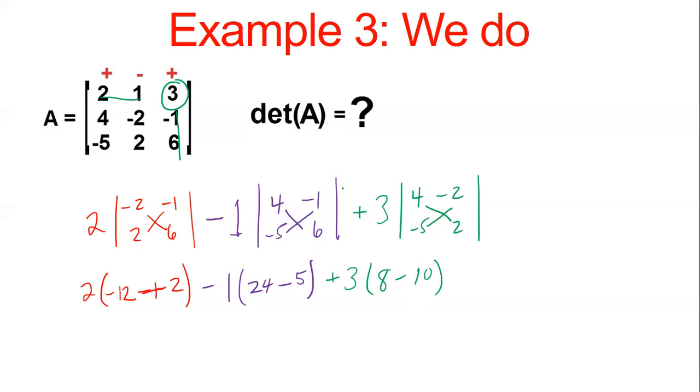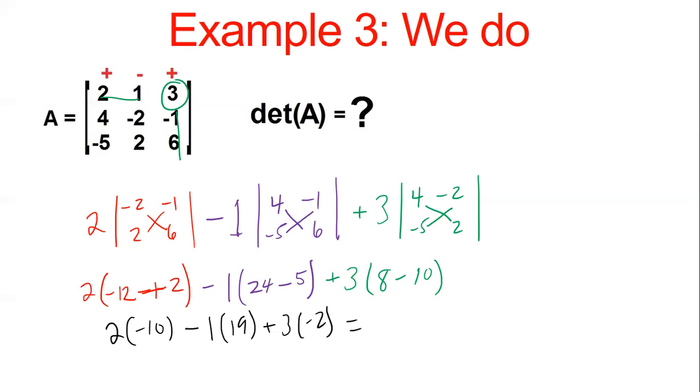So to simplify, you just start doing your PEMDAS, which means we do parentheses first, then we multiply, then we add or subtract, right? Because it was minus -2, and we said a negative times a negative is a positive. All right, so PEMDAS tells me to do my parentheses first. So I have -12 and 2 makes -10. I have 24 minus 5 makes 19. I have 8 minus 10 makes -2.